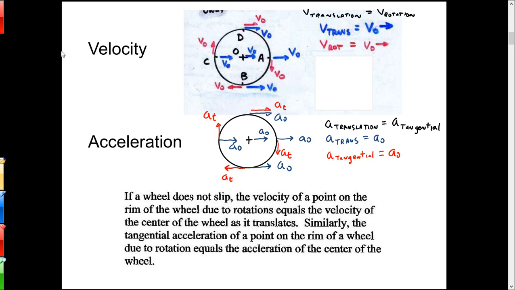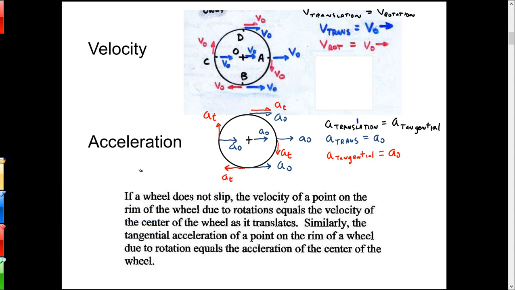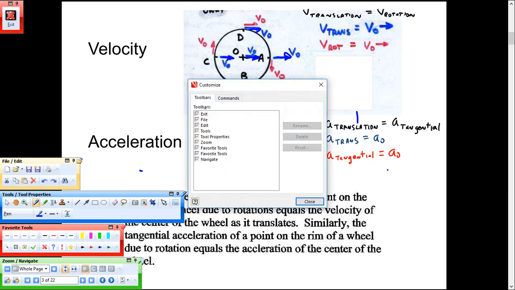The blue vectors are all due simply to the fact that the object's moving to the right.